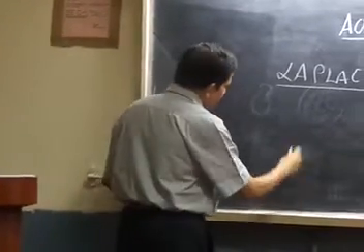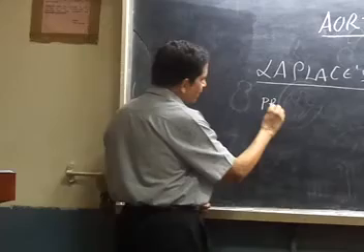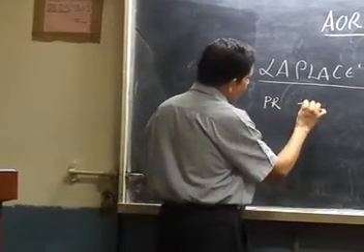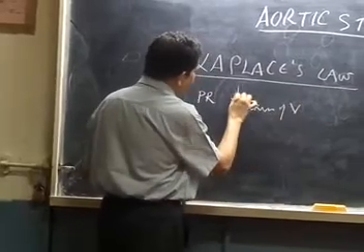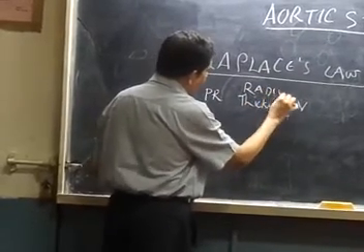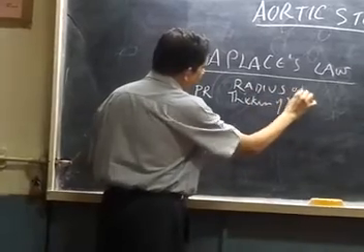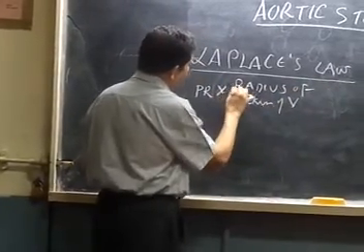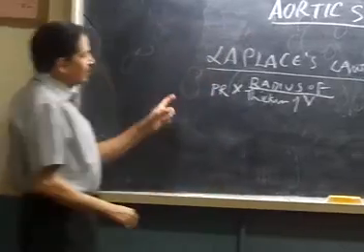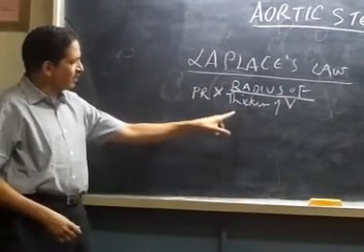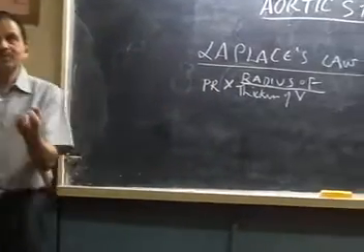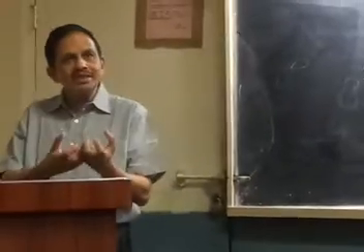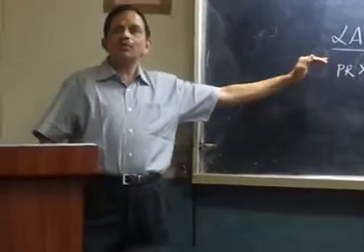So these factors: the left ventricular pressure multiplied by the radius, divided by the thickness of the ventricle. This is known as Laplace's law. This decides how much pressure is generated, and more pressure generation means better flow. This is a compensatory mechanism. This is a successful compensatory mechanism.